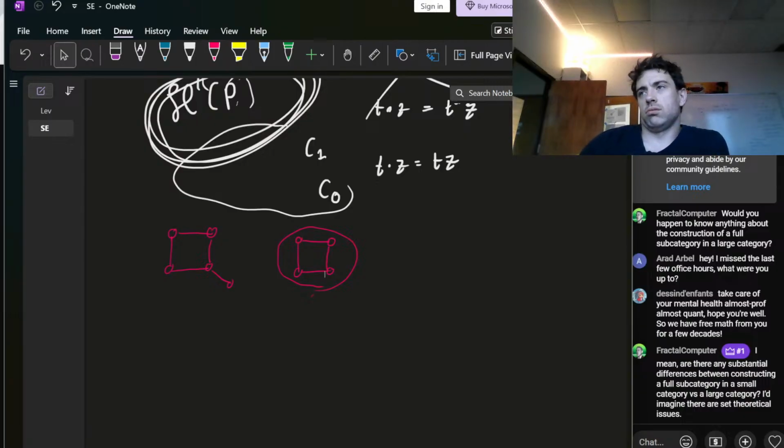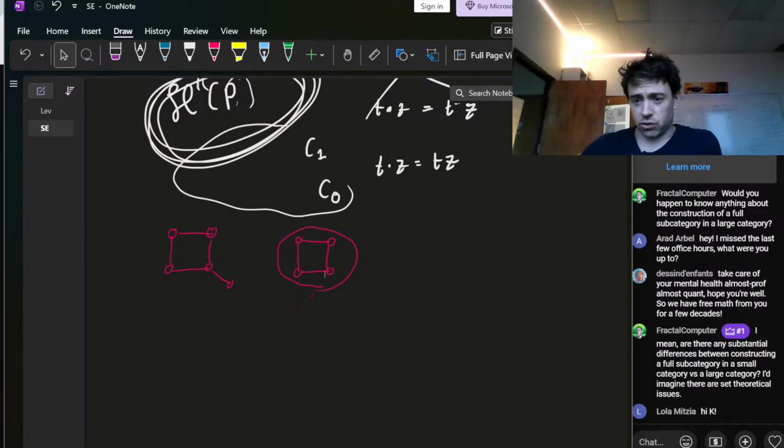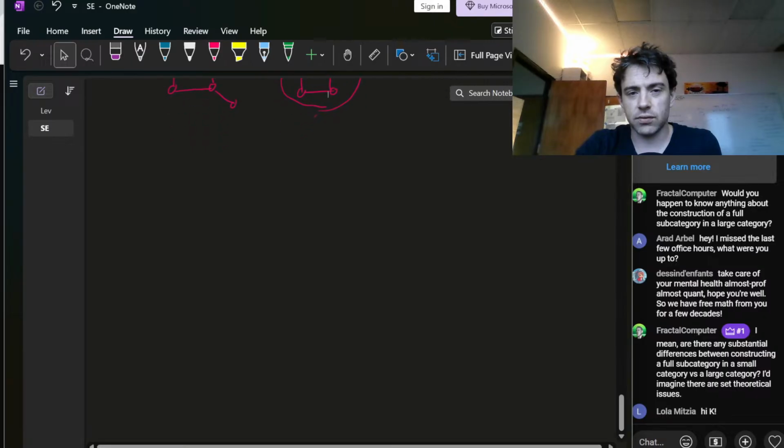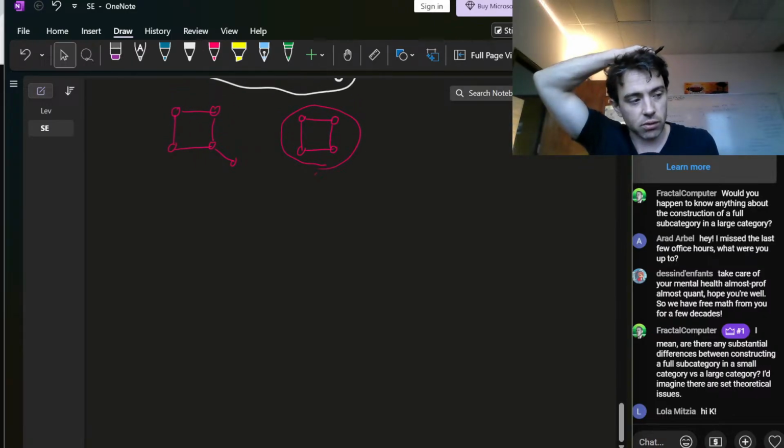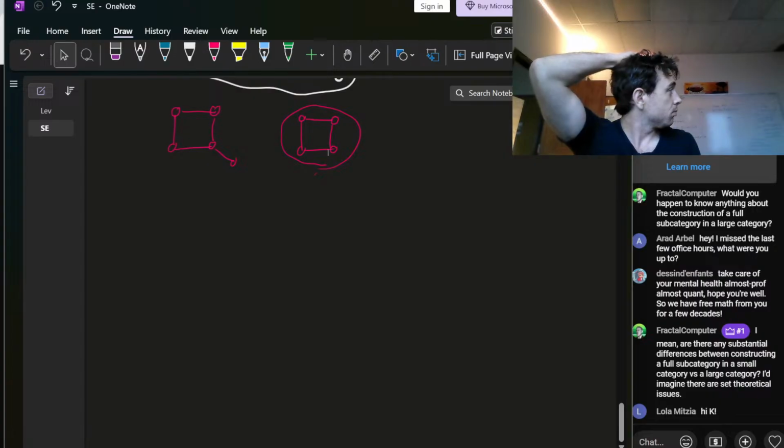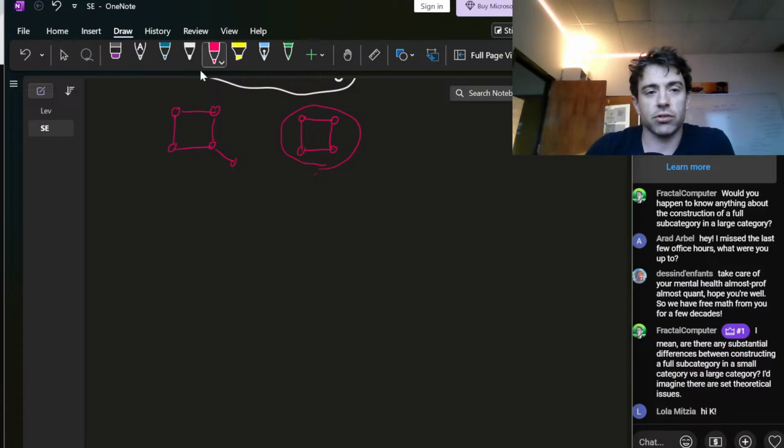Now, whether that sub-collection is large or small, I guess there is a difference there, and there are set theoretic things you should be careful of, but if it just comes to the bare existence of a small category versus a large category, I don't think there's anything. Or for the full subcategory, I don't think there's anything you need to be too mindful of.